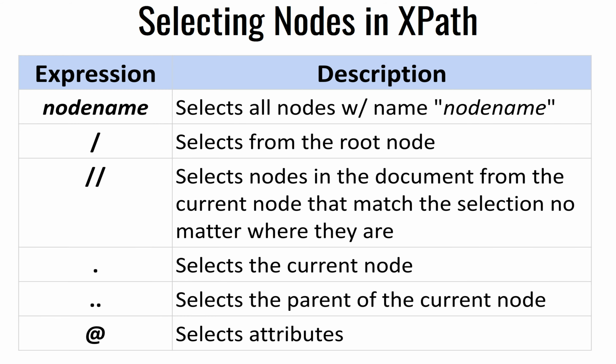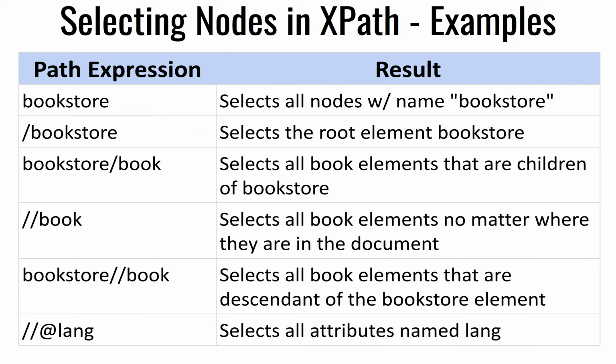And so the language has its own set of tokens that allow you to either refer to a particular element by its node name, or refer to a particular path as element, refer to the current location or the previous location in your parent, or refer to an attribute inside of a particular element. So here's a couple examples.